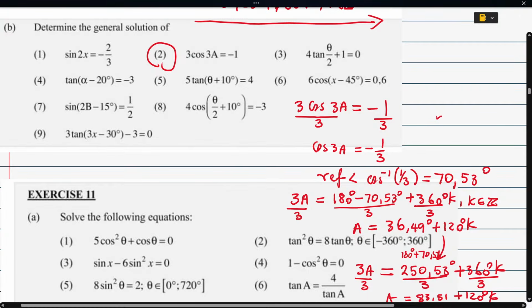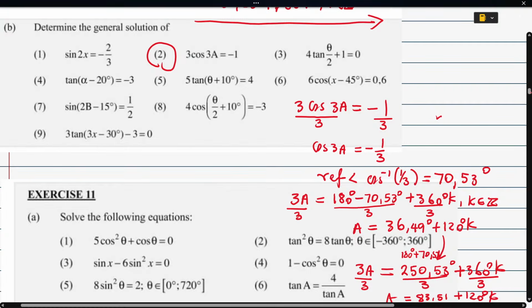Now, before we conclude, there are some general solutions which are a bit tricky. They need factorization.